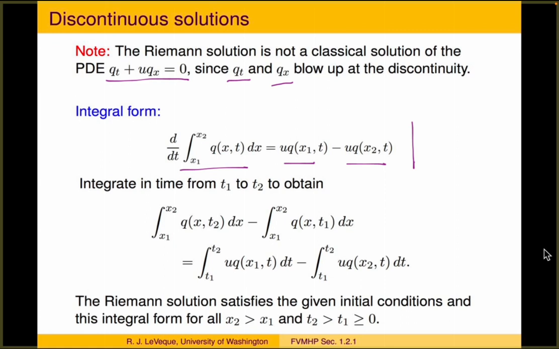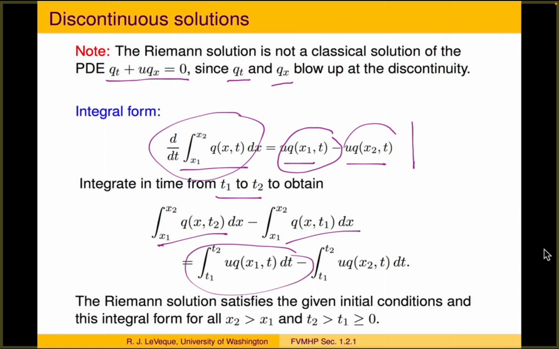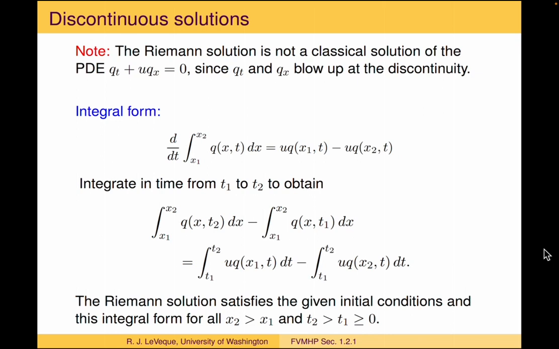And we could even integrate this in time from t1 to t2, in which case we find that integrating the time derivative from t1 to t2 gives us the difference in this integral at time t2 minus the integral at time t1 from differentiating this term, and from integrating that term from t1 to t2. And on the right-hand side, if we integrate the fluxes from t1 to t2, we get this integral and this integral at the edges. So we can write the integral form of the conservation law.